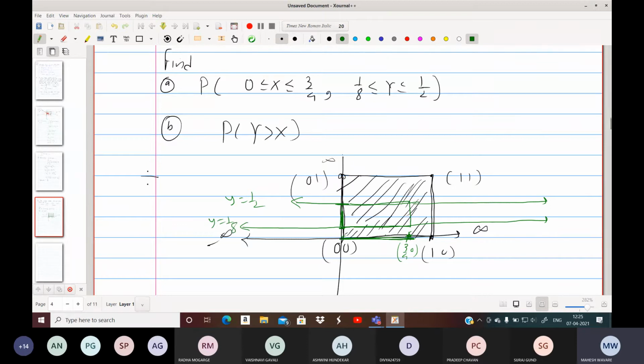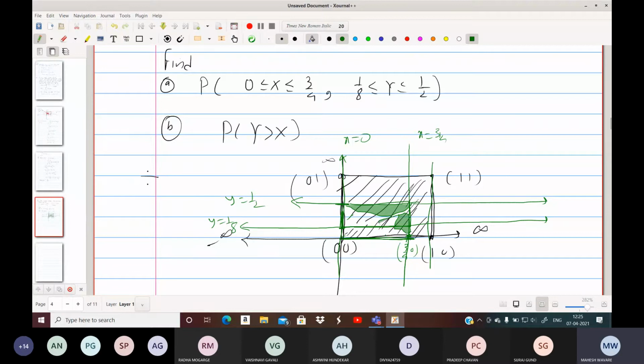Now for the y-axis, x equal to 0 and this is x equal to 1. Sorry, x equal to 3 by 4. So we have this much region.